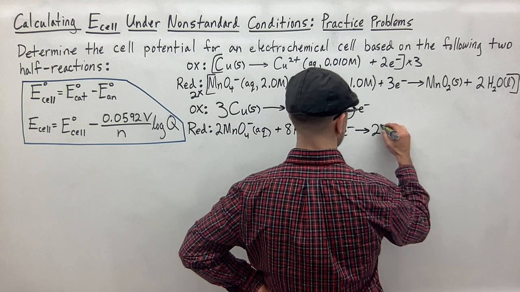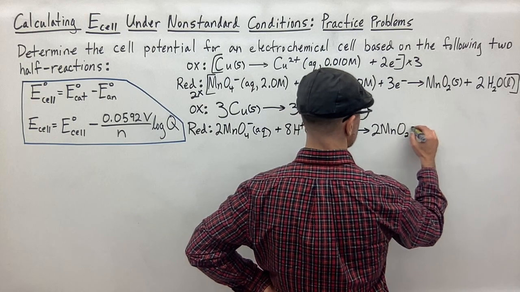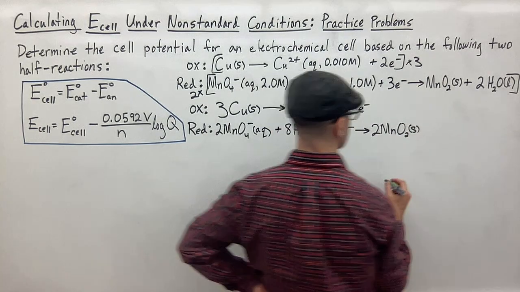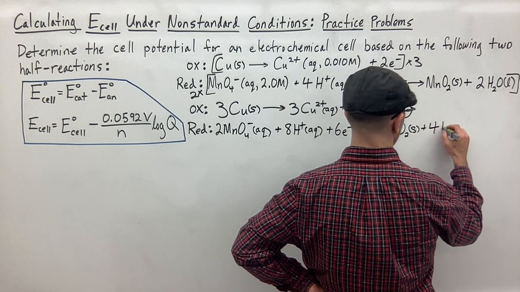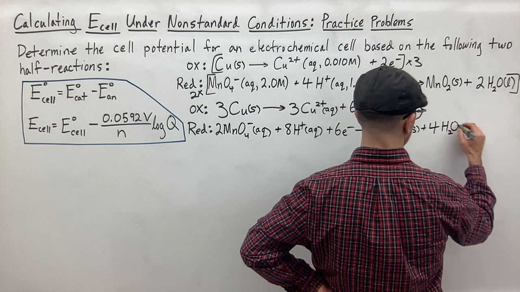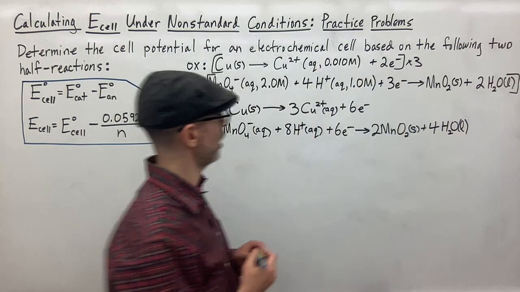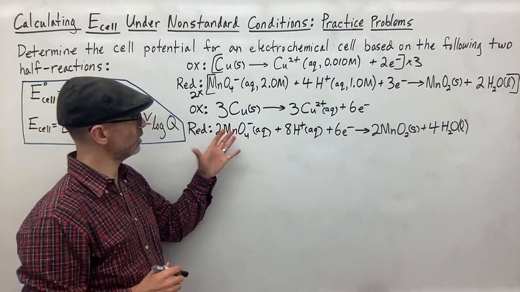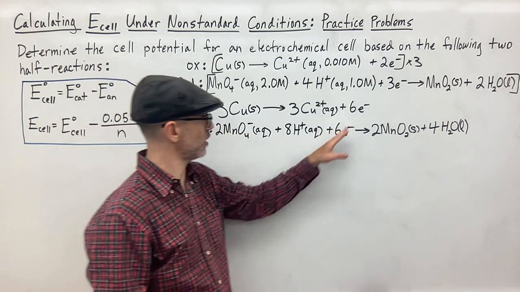So we'll have 2 MnO2 solid plus 2 times 2 is 4 water. Okay, so now it's balanced in terms of electrons.